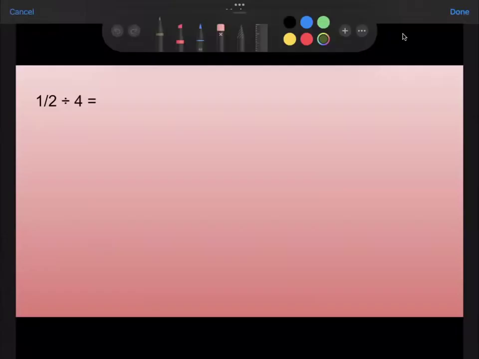Okay, here's our next one. We're going to take 1/2 and divide it by 4. And again, I could draw a visual bar to show how this looks, but we don't want to have to draw a visual every time, especially as the numbers get bigger. So I'm going to show you using keep, change, flip again. I'm going to keep this first fraction the same. That's 1/2. I'm going to change from division to multiplication, and I'm going to have to flip the second number around.